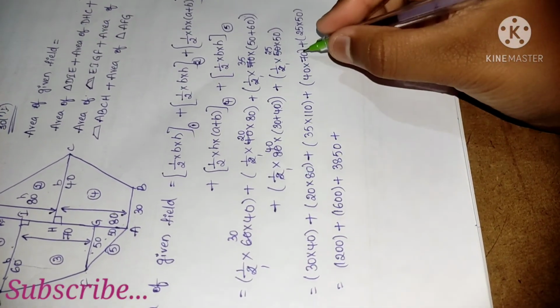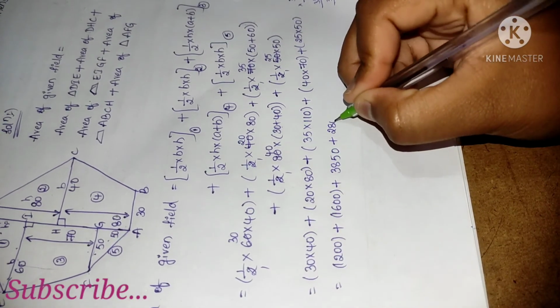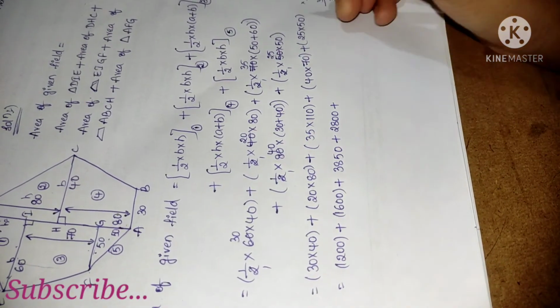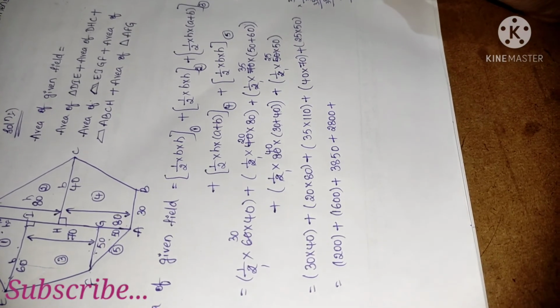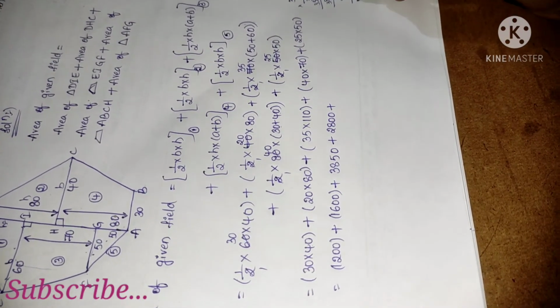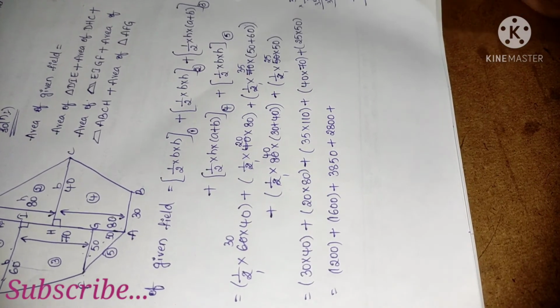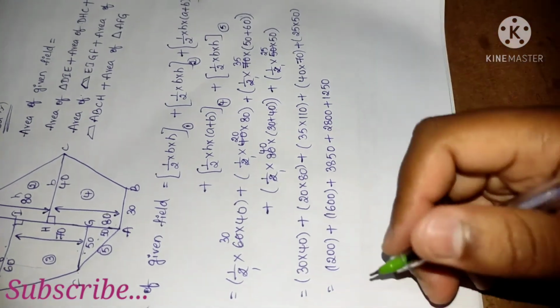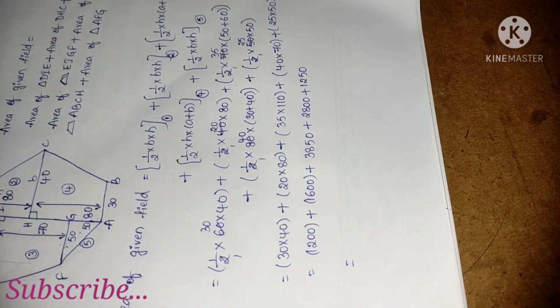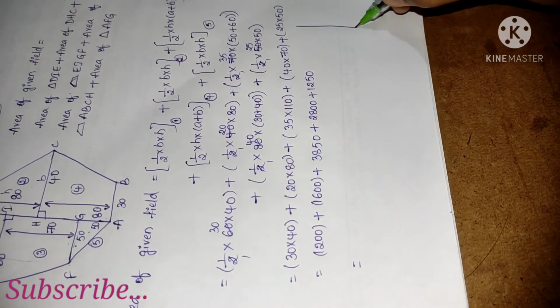Plus 40 into 70, 4 7s are 28, double zeros, 2800. Plus 25 into 50, 5 5s are 25, 5 2s are 10, so 1250.